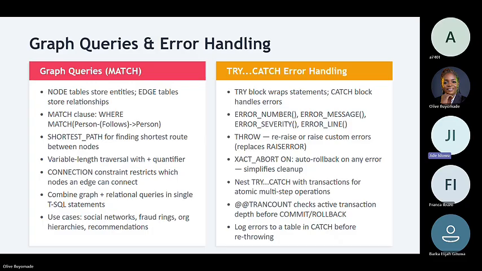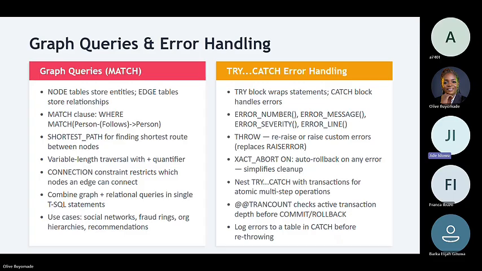Graph queries use nodes. That's what I'm trying to say. Graph queries use node and edge tables with the MATCH clause for pattern-based traversals. We have SHORTEST_PATH, which finds the shortest route between nodes with variable length traversal.